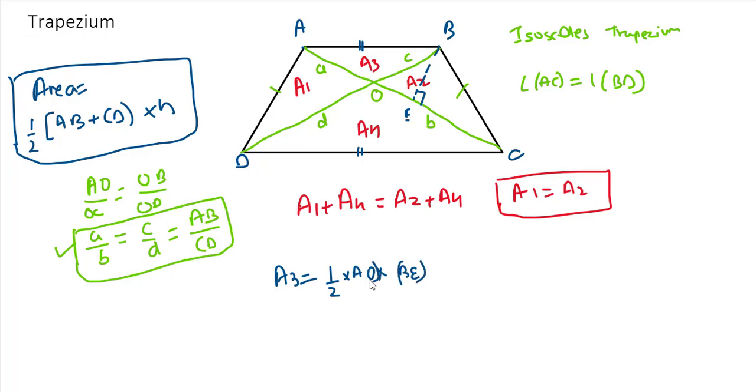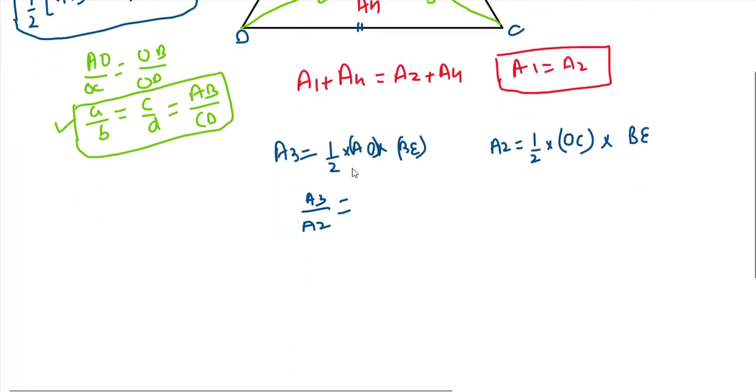So this is the base and this is the height. Similarly, area of triangle A2 will be given by half, here the base will be OC, multiplied by the height, which is again BE. If we take the ratio of the two areas A3 upon A2, half and half will cancel out, BE and BE will cancel out, which are the heights. So we'll get AO upon OC. What is AO?